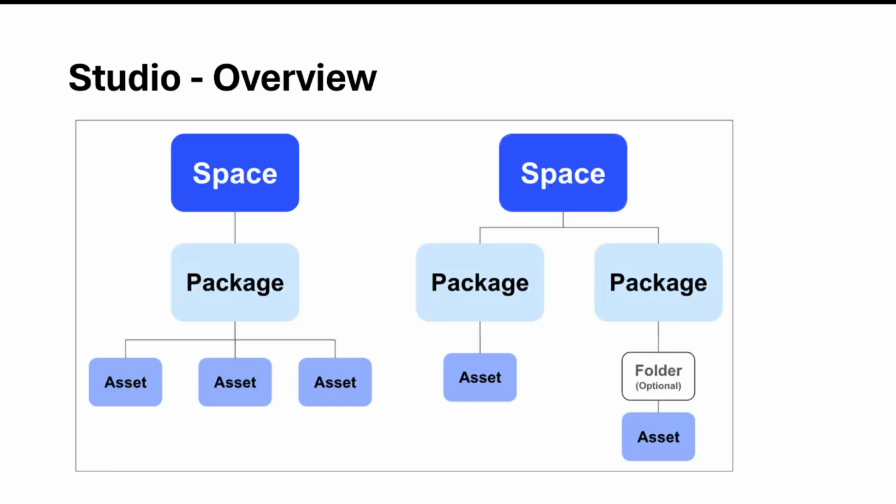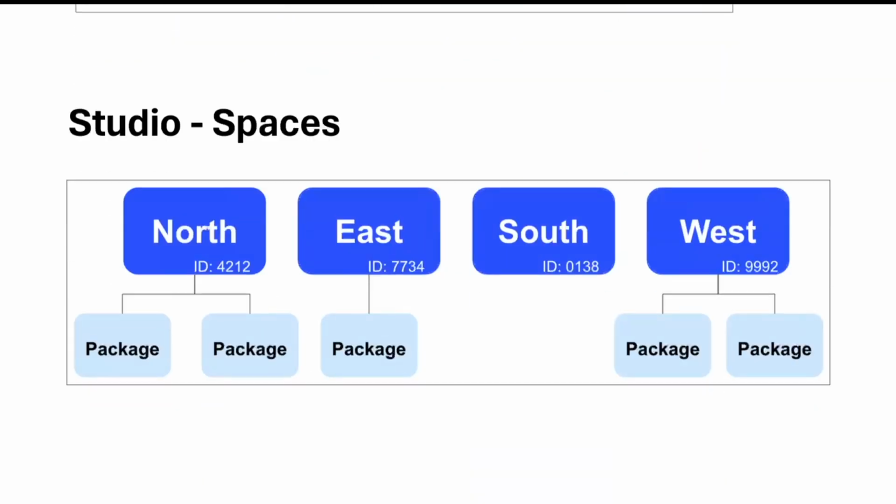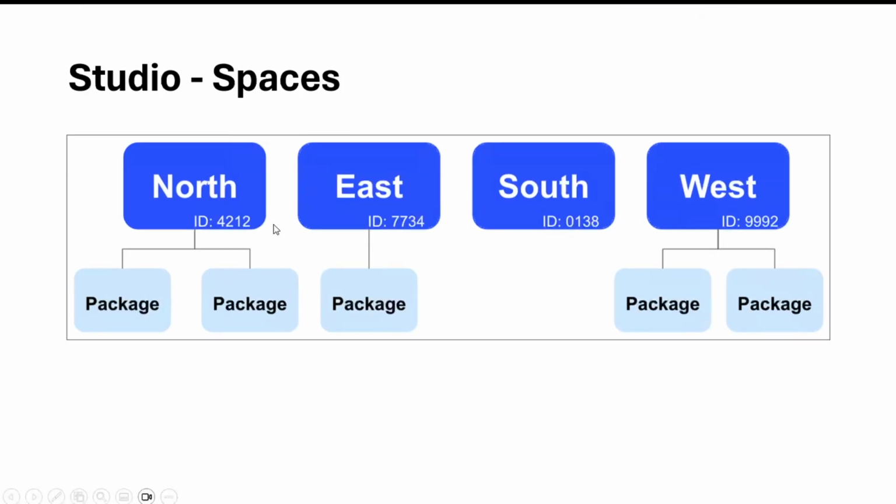This slide is an example of a region-based space. You can see, for the northern region, you have one space and multiple packages within that, likewise for each region. In addition to existing permissions at the package and asset level, permission can also be given at the individual space level.